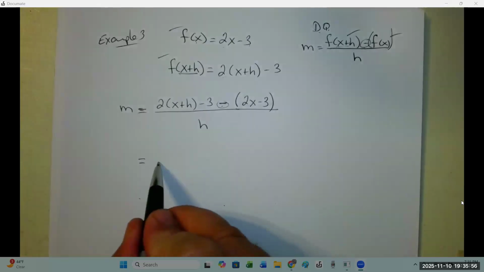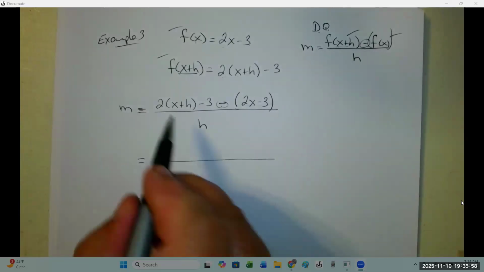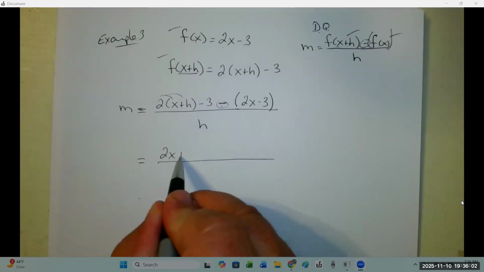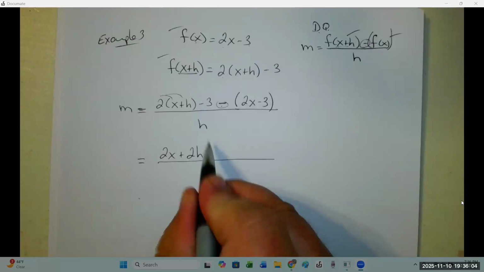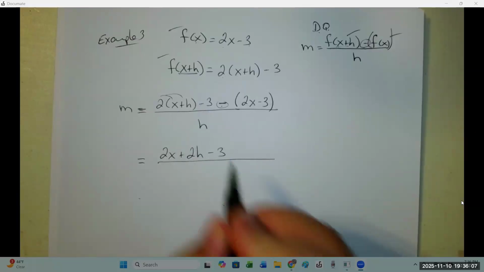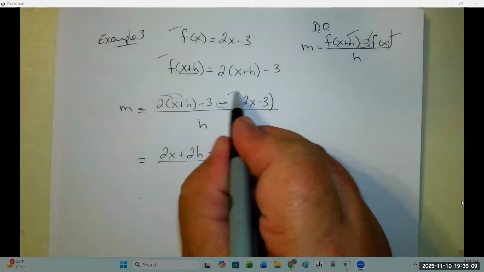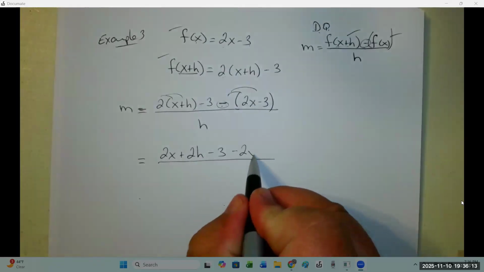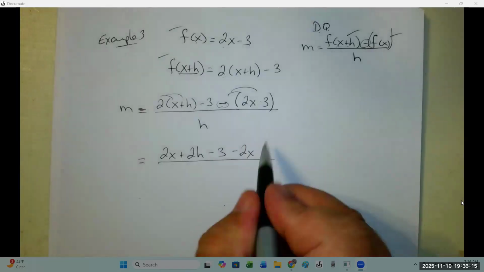So let's figure this out. Get rid of the parentheses. So we have 2x plus 2h minus 3. This negative distributes inside there, so positive 2x becomes negative 2x, and negative times negative is positive.